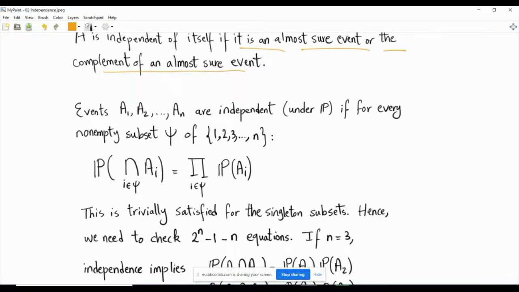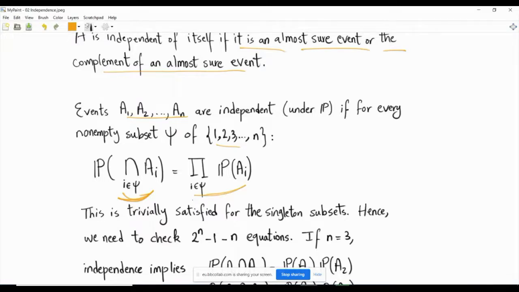For n events to be independent, you do a selection of those events. You can take 2 events at a time, 3 events at a time, 4 events at a time, till you take all of them. And for all cases, it must be that the probability of the intersection is the product of probabilities.